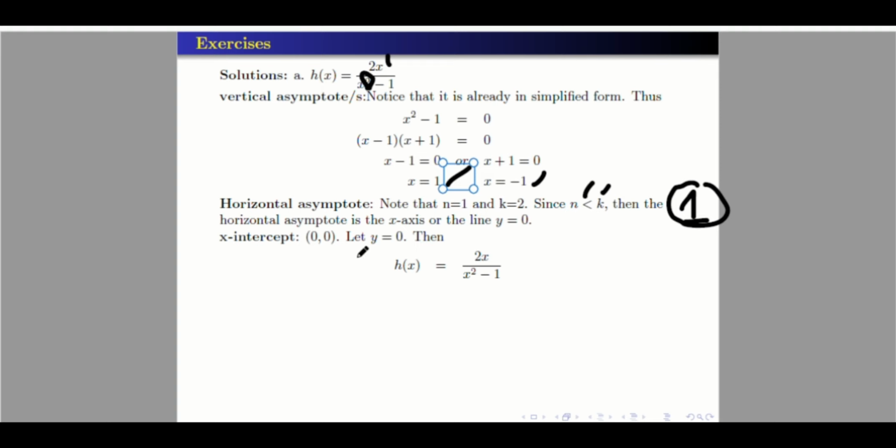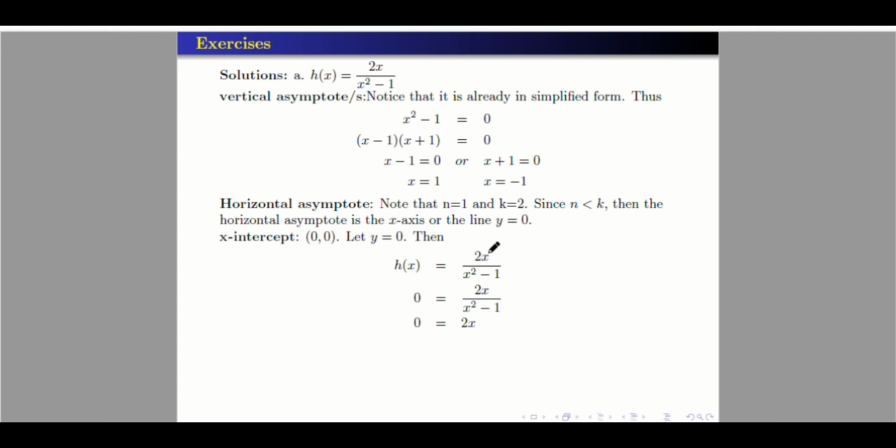Now let's go to the x-intercept. So the answer now is (0, 0). Let's try. Let y be equal to 0. Cross multiply, so we have 0 is equal to 2x. Usually in the x-intercept, we're only left with the numerator.